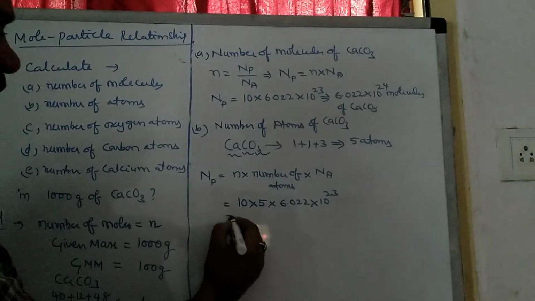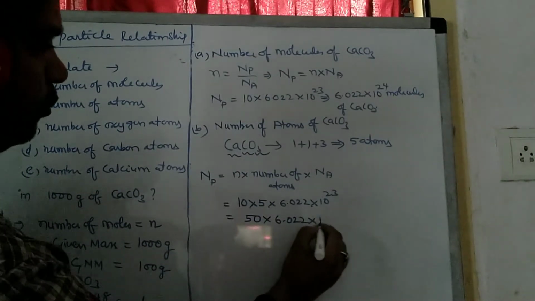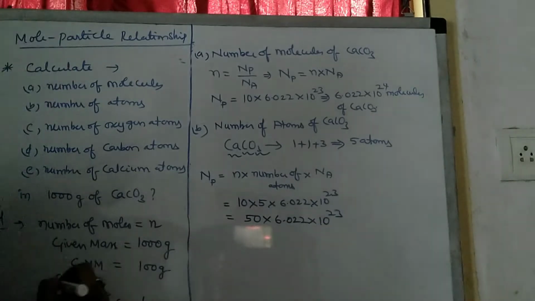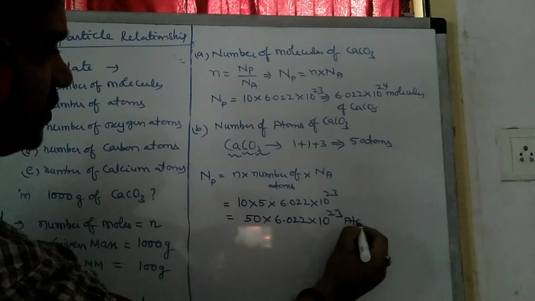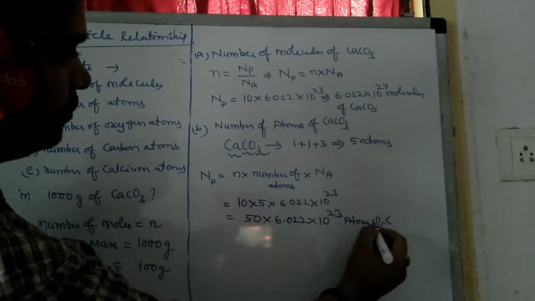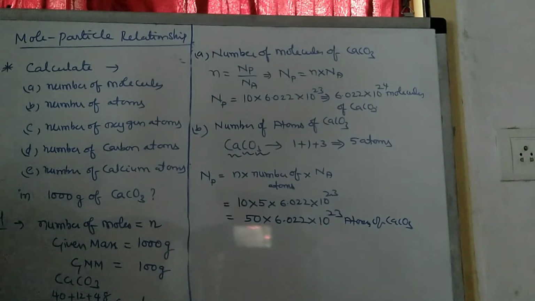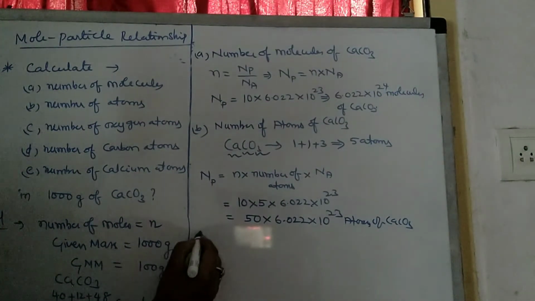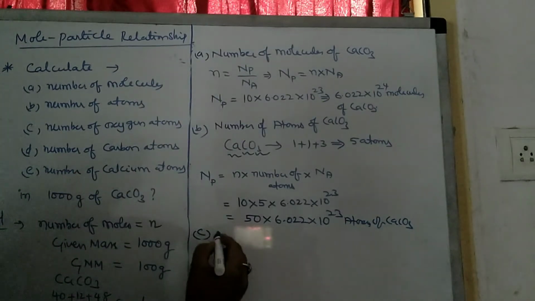So that is 10 times 5, 50, into 6.022 into 10 power 23 atoms of CaCO3. Similarly, for section C, number of oxygen atoms: how many oxygen atoms are there?